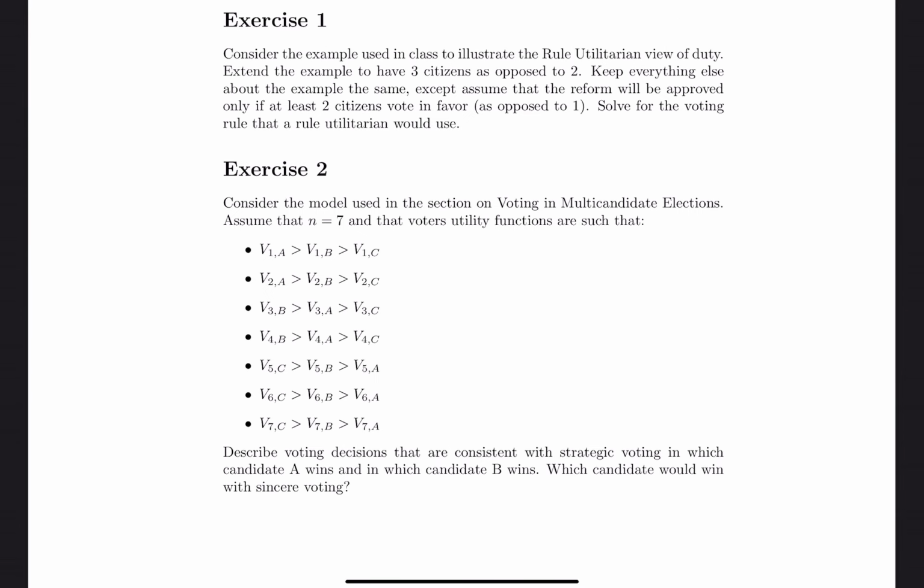It's important to note that I didn't mention it here. Maybe it's mentioned in the lecture slides, but just to be sure, I will also mention it here. As I said before, a candidate wins if the candidate has more votes than the other candidates.